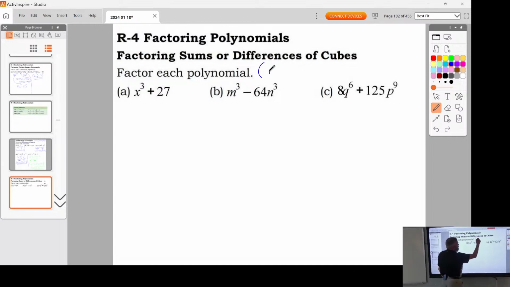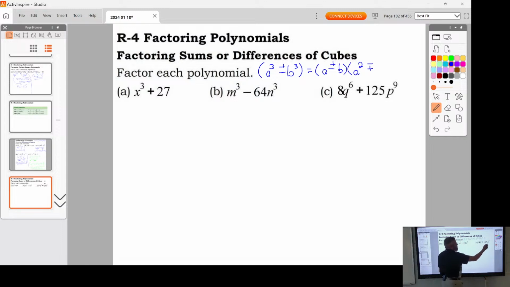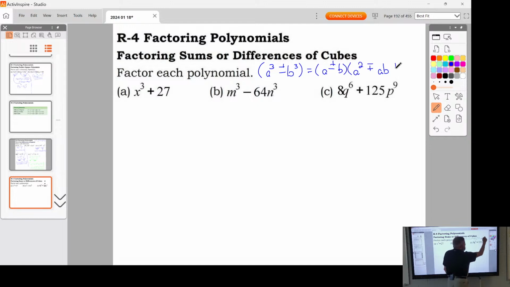If I had A cubed plus or minus B cubed, it will always factor into A same sign B times A squared opposite sign A times B, always plus B squared.